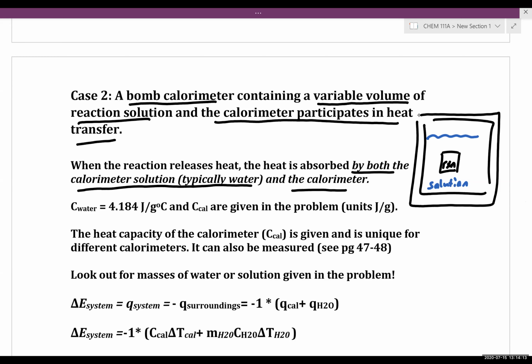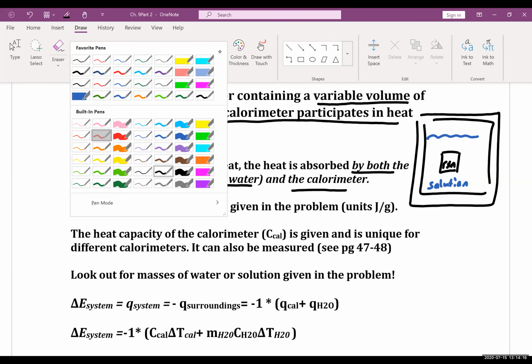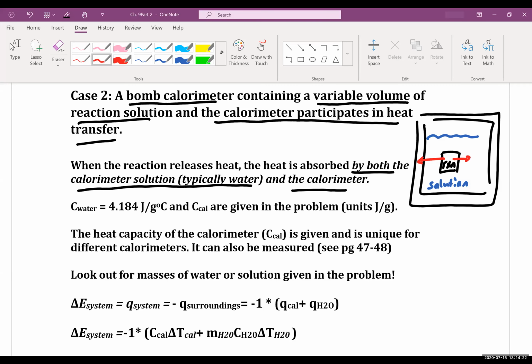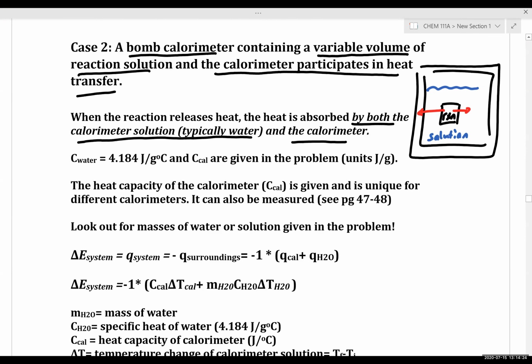So then we need to reflect that in our heat transfer expression. We'll often be given the heat capacity of the calorimeter, or we can measure it. Now, a key signpost that you're dealing with this type of problem is that you're given the mass of water or a solution in the problem guidelines.